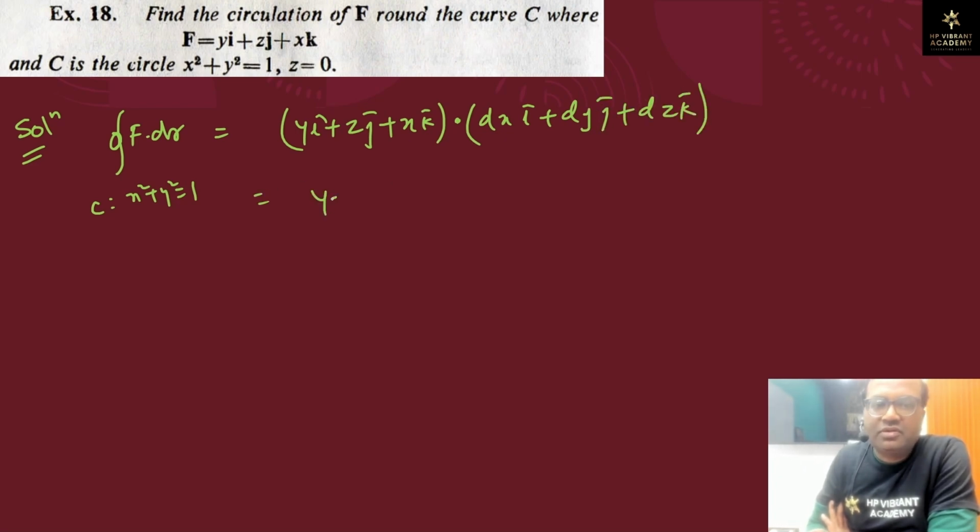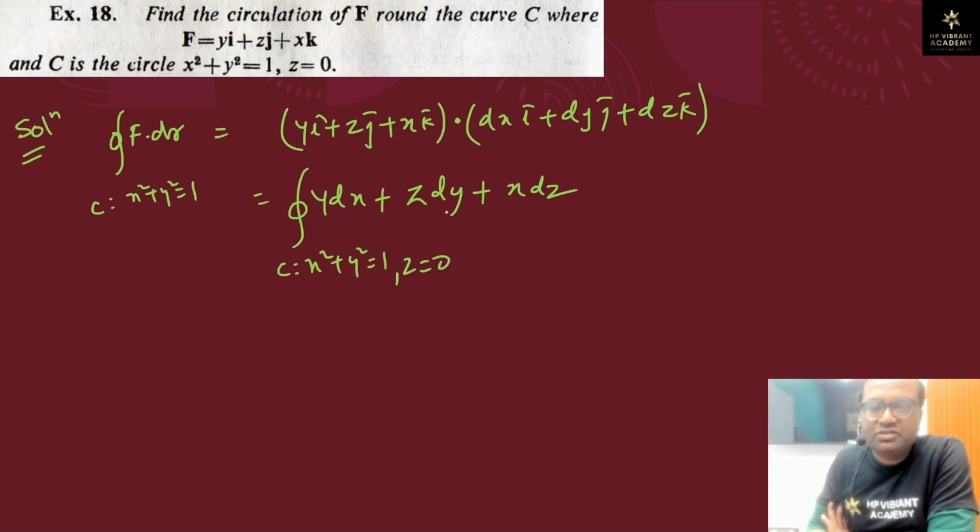So this is equal to y dx plus z dy plus x dz. We have to integrate this along C. Curve C is x square plus y square is equal to 1 and z is equal to 0. So z is 0 because the curve is lying in the xy plane. So the z dy term is 0 and the x dz term is 0. So this is equal to y dx along the closed curve C.